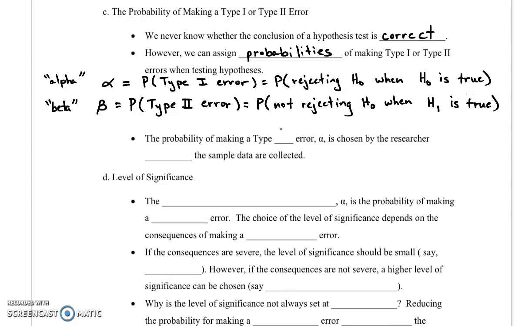So the probability of making a type 1 error, alpha, is chosen by the researcher before the sample data are collected.